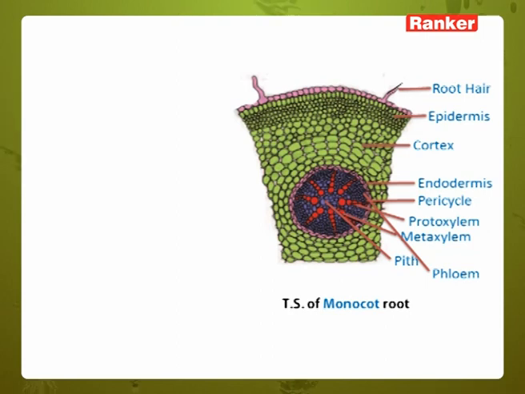The number of strands varies in different plants. In general, in monocots the condition is polyarch. Why do we call it polyarch? Because the number of alternating vascular bundle strands is more than 4, many in number.